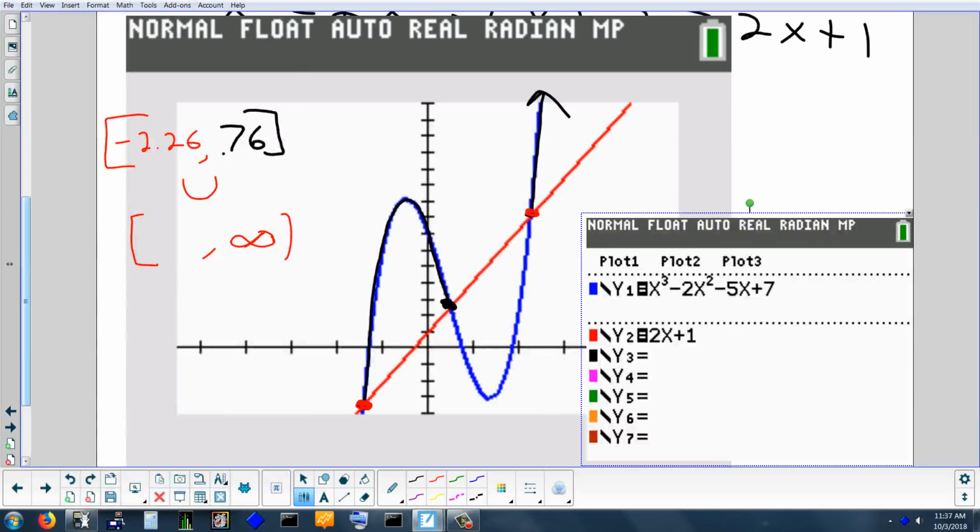Okay. What's that last intersection point? About 3.5. Yeah, so my tick marks definitely don't go by ones. That's okay. What is it, 3.5? 0.7. So I'm going to say 3.51.